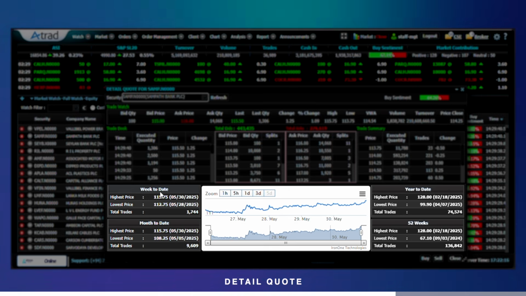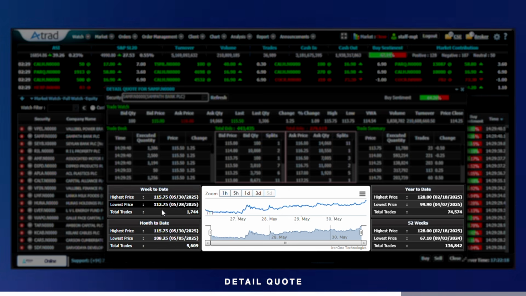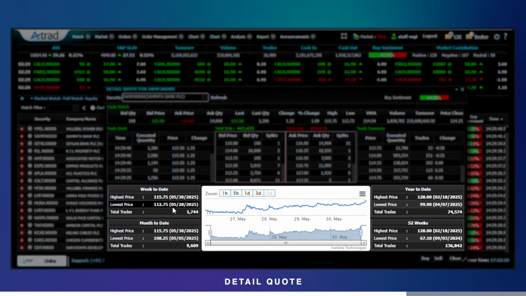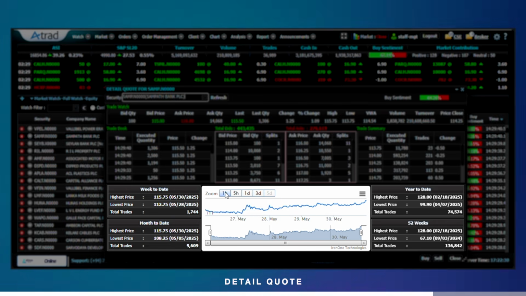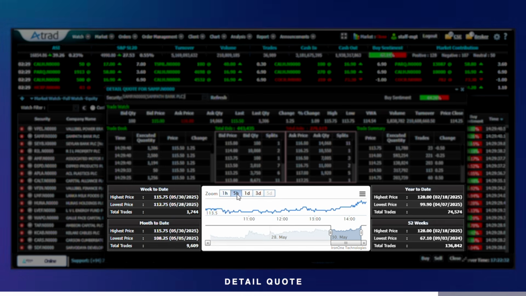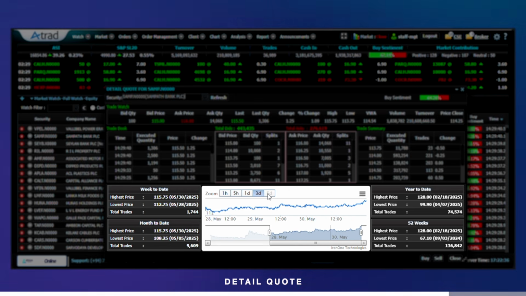And you see the week to date highest price and lowest price, and the date on which each price was recorded, and the month to date value, and also a chart where you can see, based on 1 hour, 5 hours, 1 day, or 3 days, how the stock has performed.